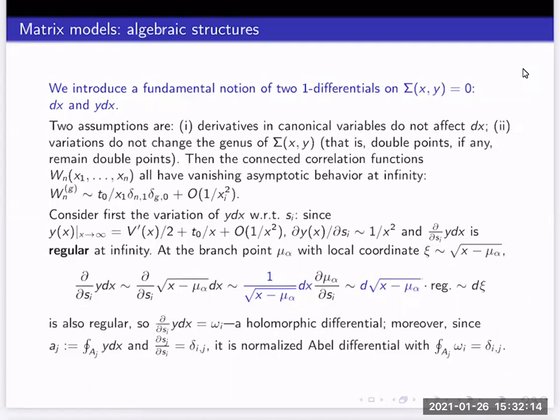So let's continue. Now at the branch point we have a local coordinate.